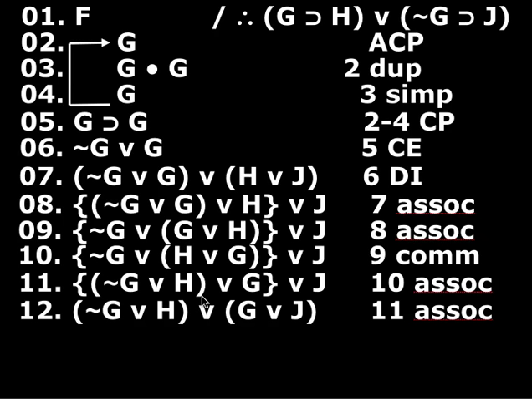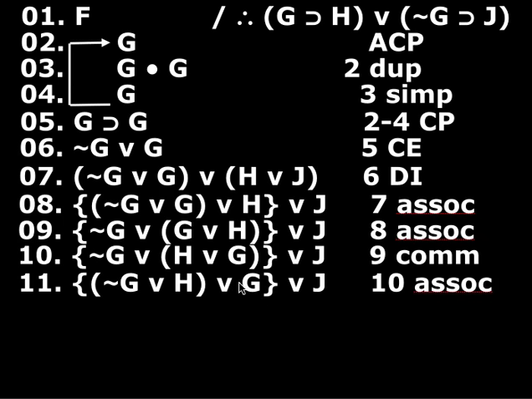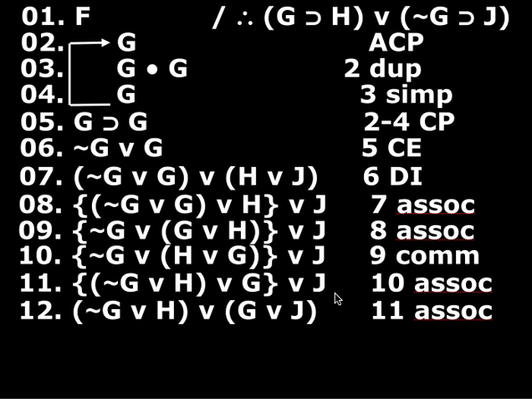Now notice I'm going to conceive of this again as 3 disjuncts, statement, or statement, or statement. Right now, these 2 are associated. I'm going to instead associate these 2, the G and the J.